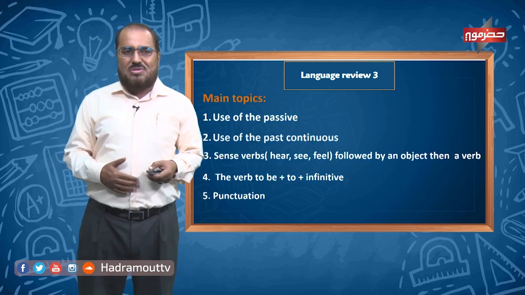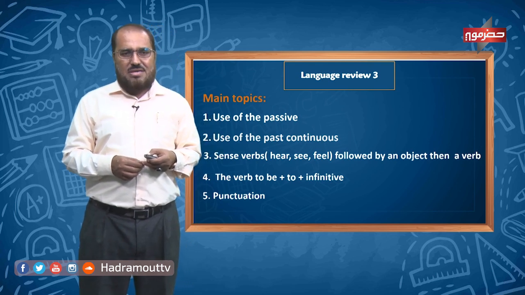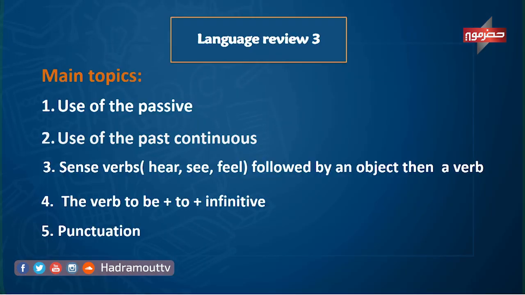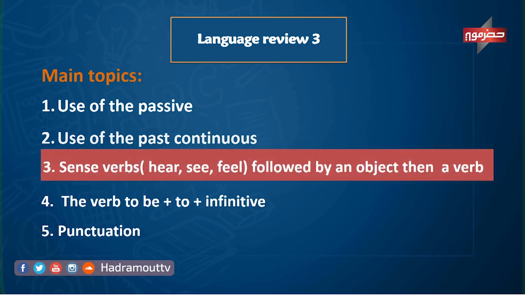Let's now go to the number 2 or number 3 point in this lesson today. What's the structure of sense verbs followed by an object, then a verb? Sense verbs here are see, hear, feel, smell, okay? These are sense verbs, related to the five senses.